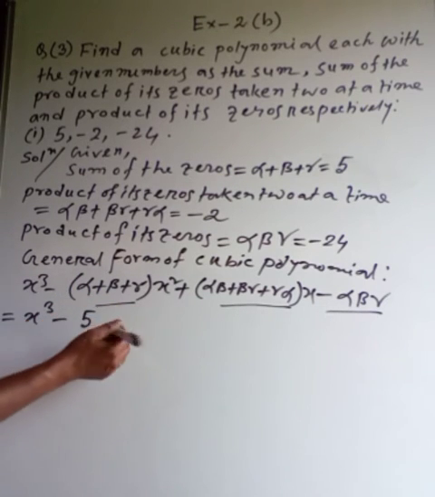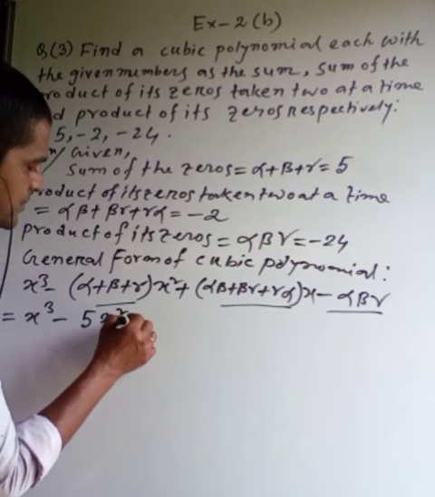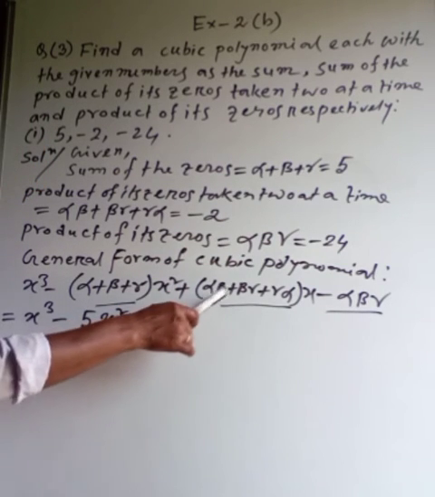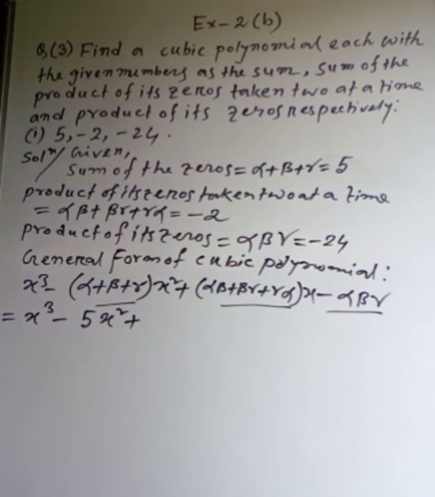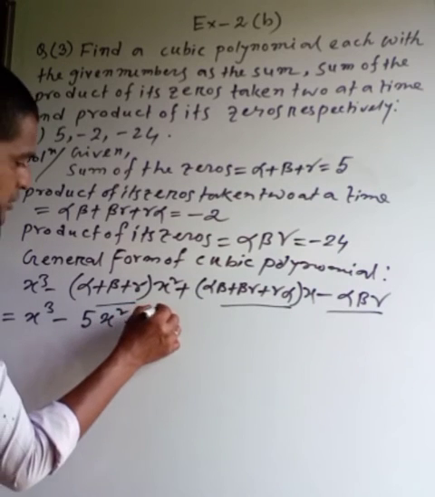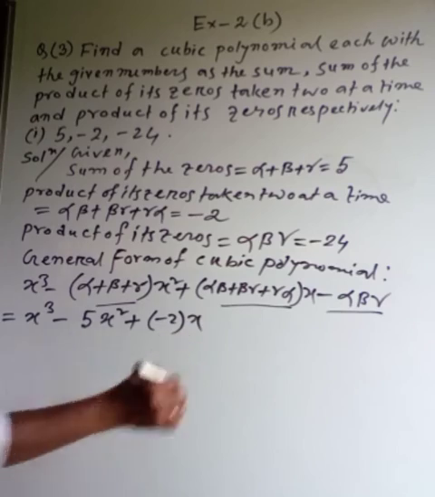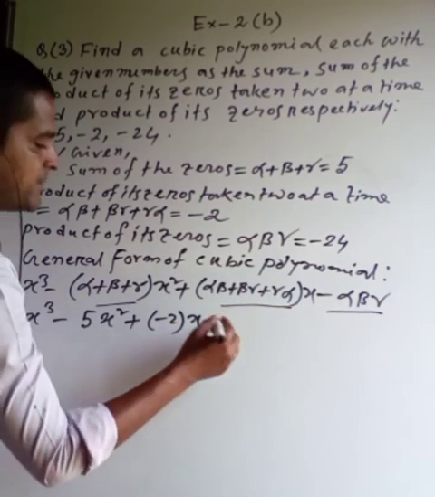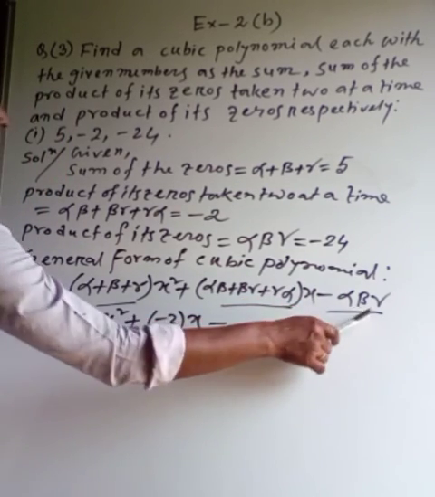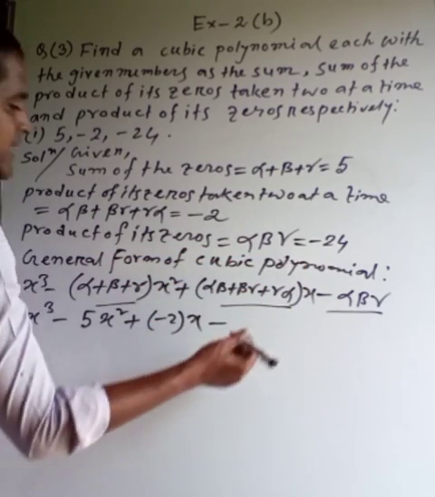Then x square is x square. Then plus is plus, then alpha beta plus beta gamma plus gamma alpha, equal to how much? Minus 2. So we have to write here minus 2. Then x is x. Then minus is minus. Then alpha beta gamma value is minus 24.